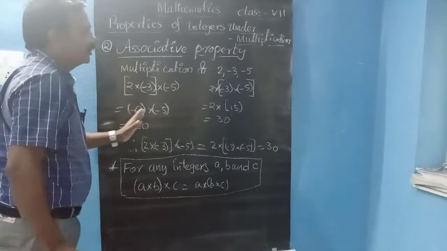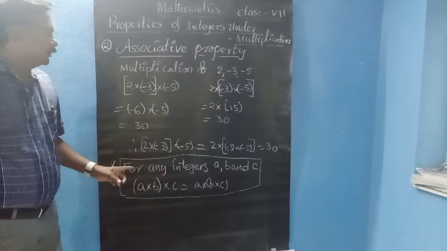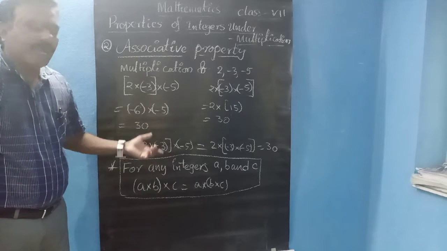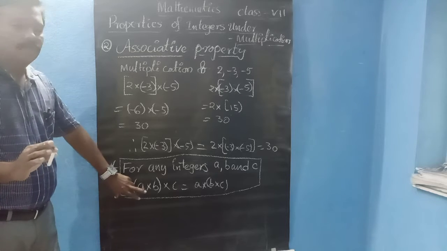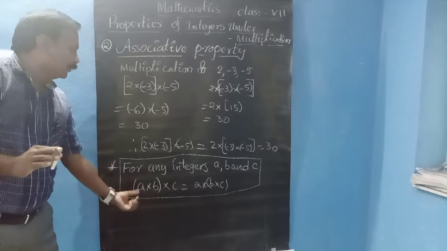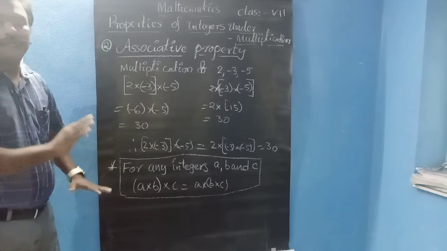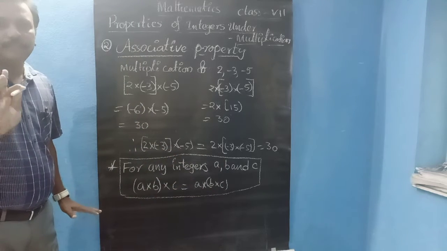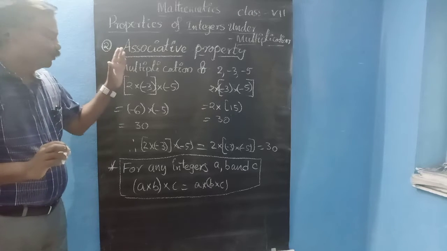If you take any three integers, whether you group the first two or the second and third, the product will be the same.